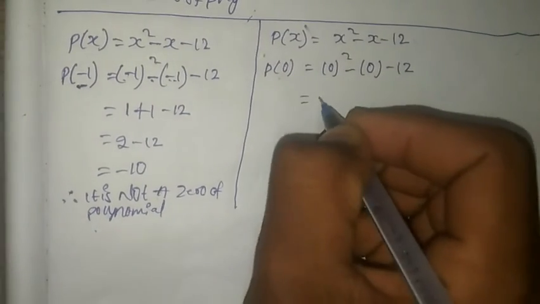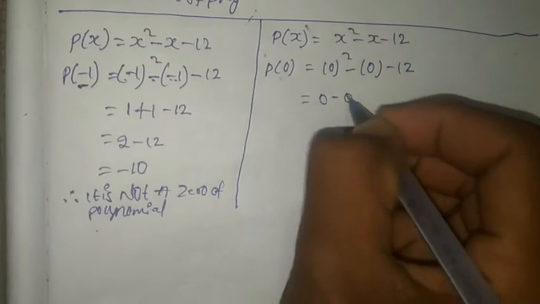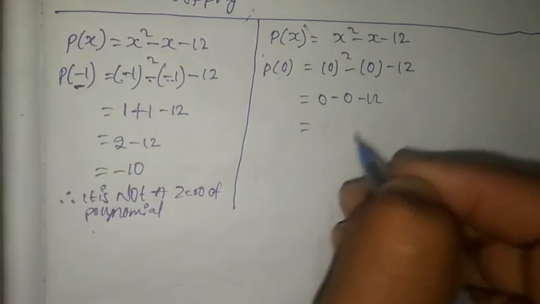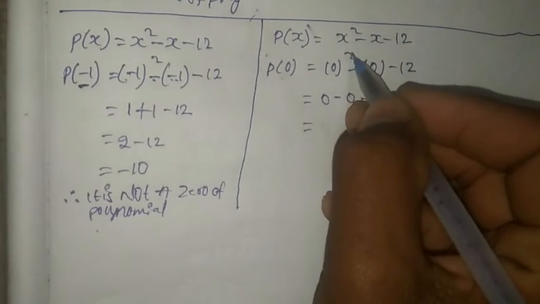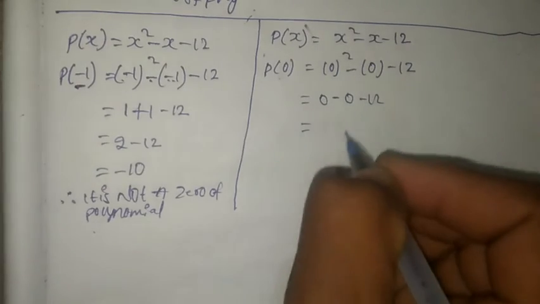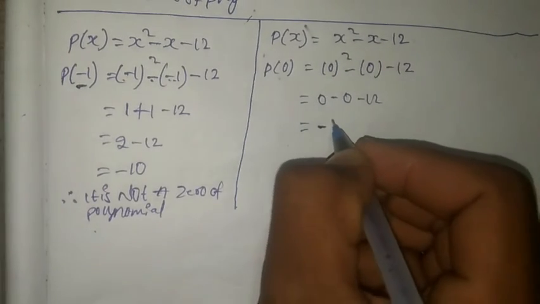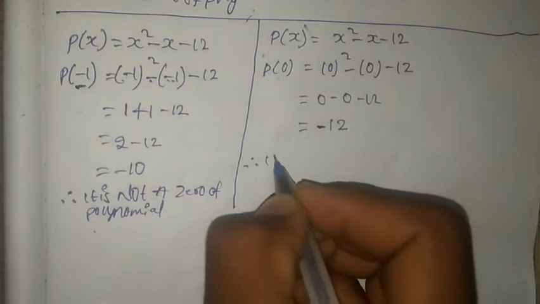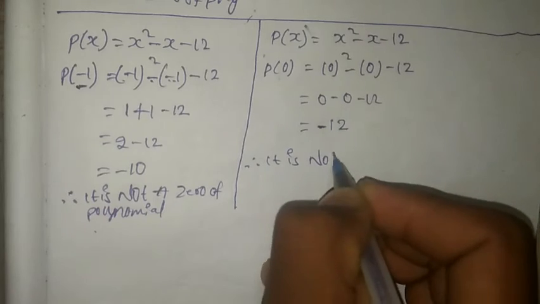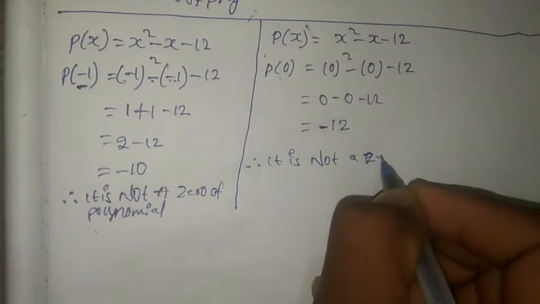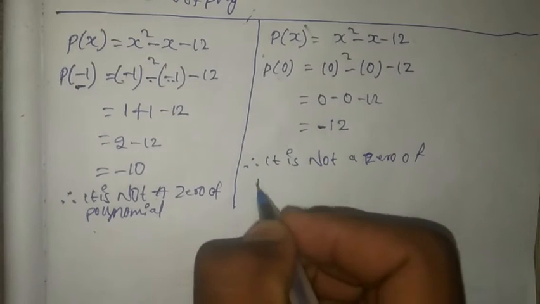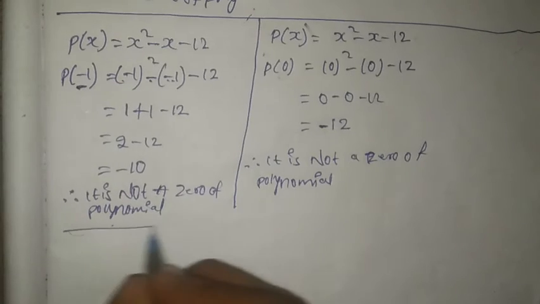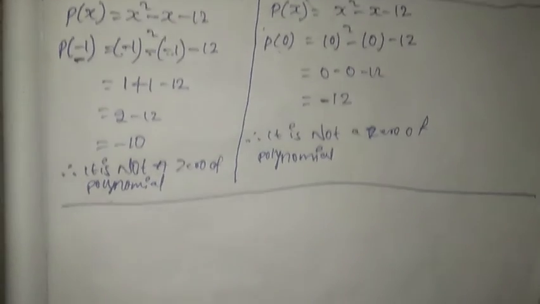When we substitute x equal to 0, the answer is only the remaining constant, so minus 12. So therefore it is not a zero of the polynomial. Okay, clear.